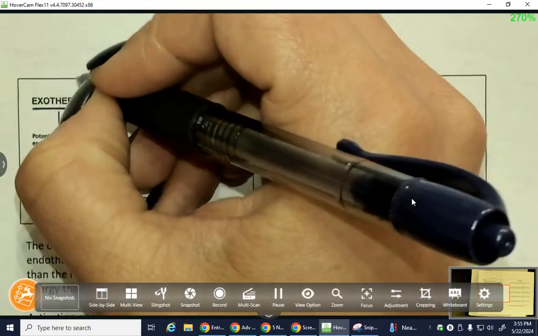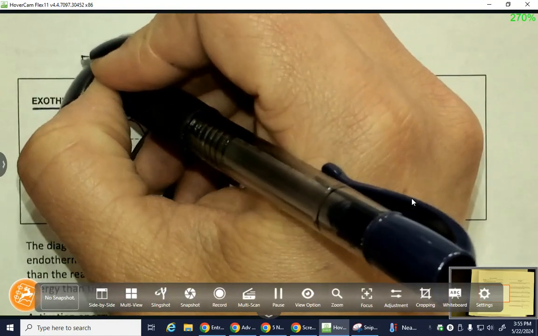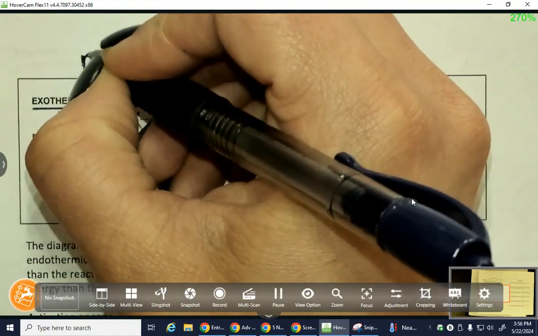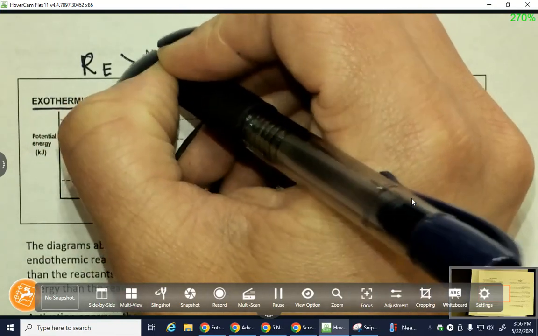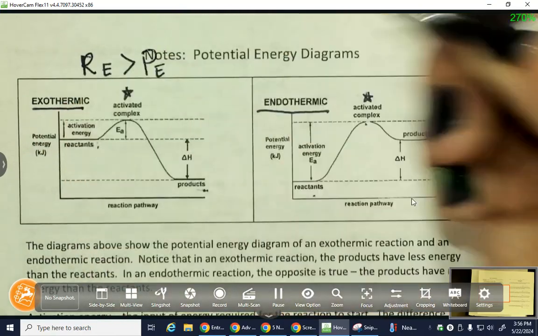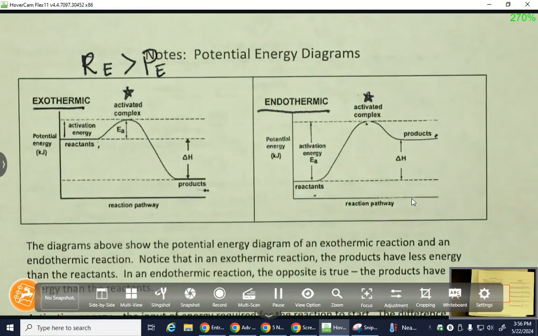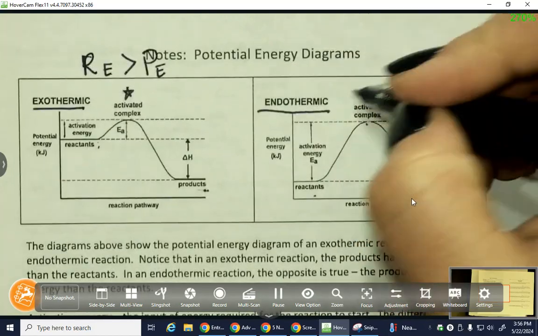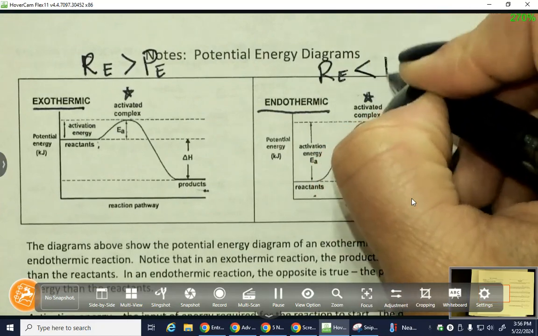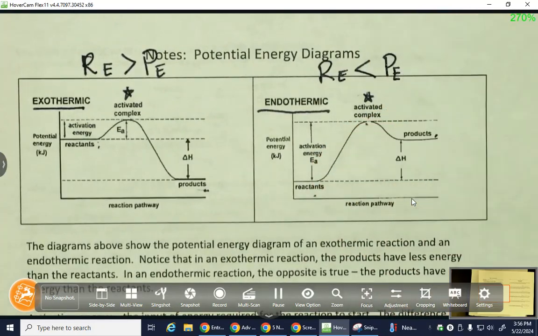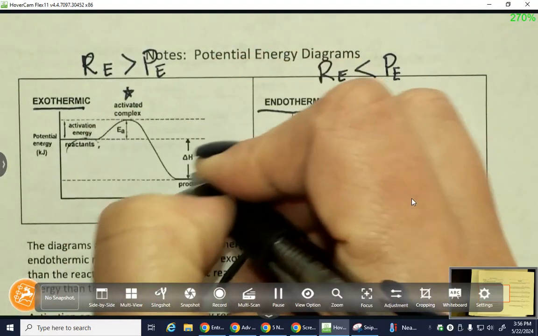For exothermic, the energy of my reactants is greater than my product energy. For endothermic, the opposite is true: my reactants are less than my product energy, meaning I gain energy in that process. We're only paying attention to where we start and where we finish.